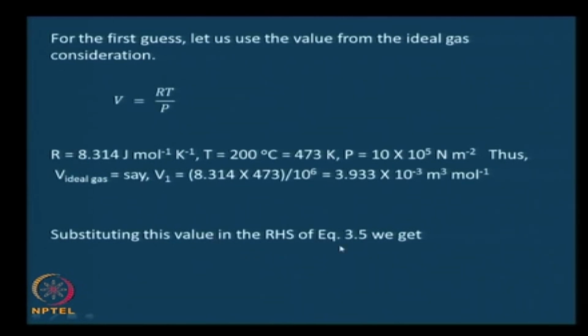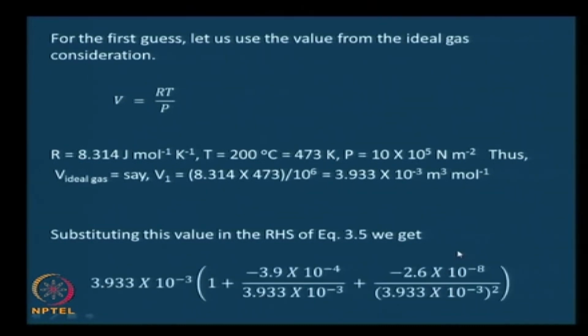Substituting this value into the right hand side of the earlier equation, we had set up the iterative volume equation there: 3.933 into 10 power minus 3 V into 1 plus C2 by V plus C3 by V squared.